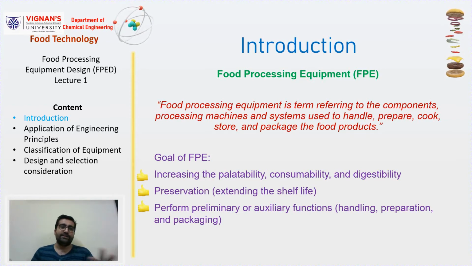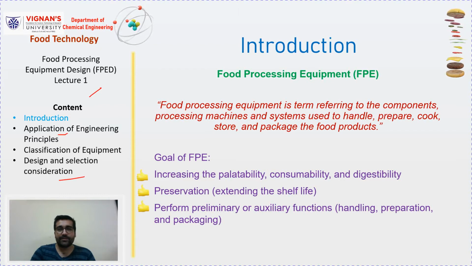Then we will classify the food processing equipments based upon application, like where we are going to apply what equipment, and then based upon their application, we will design it. Then we will see the design and selection criteria or design and selection considerations for food processing equipment.